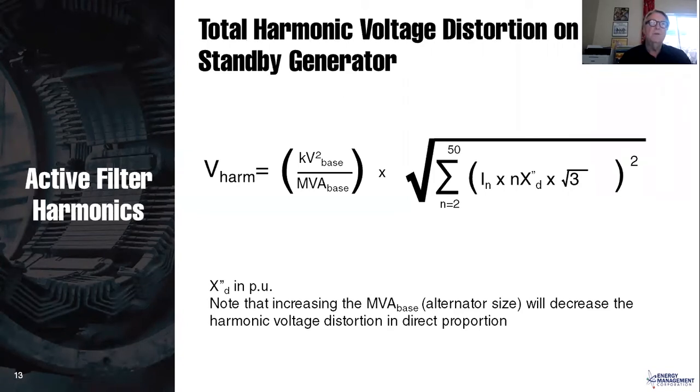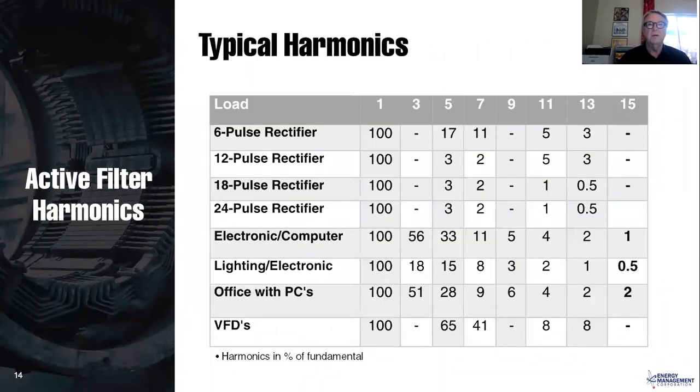You could have a utility situation in which you have 5% voltage distortion on the utility. You switch to the generator and you're more like 15%, or even more if the generator is smaller in size than the transformer. So moral of the story, if you have a standby generator, please do the calculations and make sure that your harmonic distortion is going to be under control when you're on the standby generator.